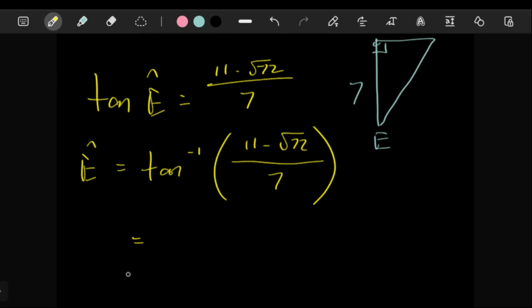This is 19.76. 19.76? Why does it seem so unrealistic? Ah, no, it's fine. It looks like a tiny angle anyways. So that's giving us the angle for E.